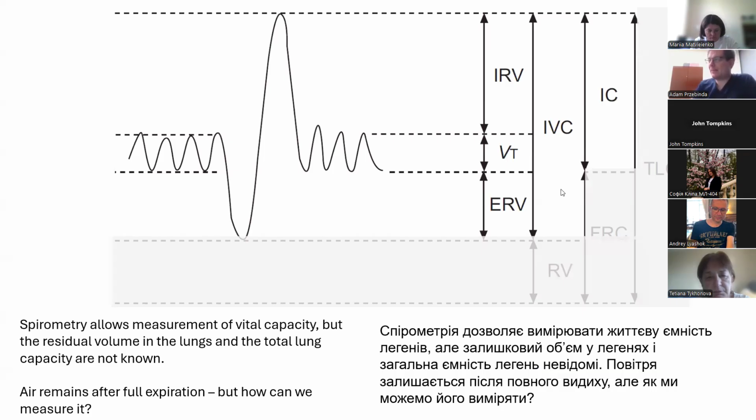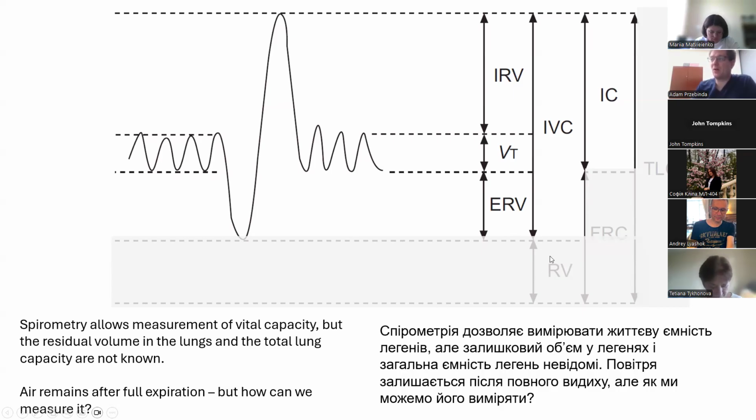So coming back to this lung volumes and capacities figure, I've grayed out a few of these here. The tidal volume and the full breath, which is here, are things you can measure with spirometry. But in order to measure the total lung capacity, which is from top to bottom, we need some way to measure the residual volume.